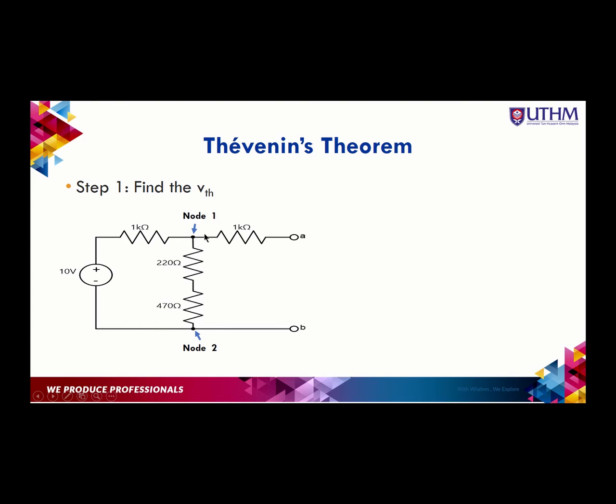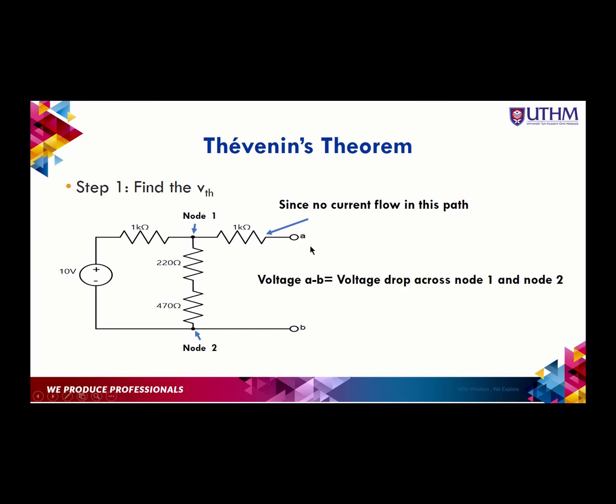From node 1 to port A, we have a 1 kilo ohm resistance. Since in this situation no current will flow through this path, the 1 kilo ohm will contribute nothing towards the Thevenin voltage.